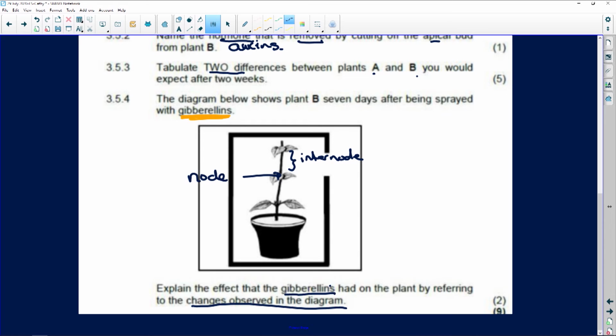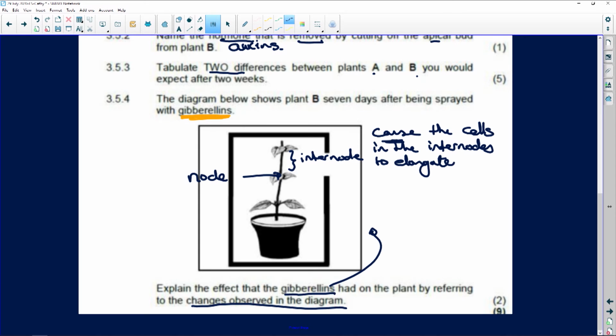And what gibberellins do is they cause the cells in the internodes to elongate.